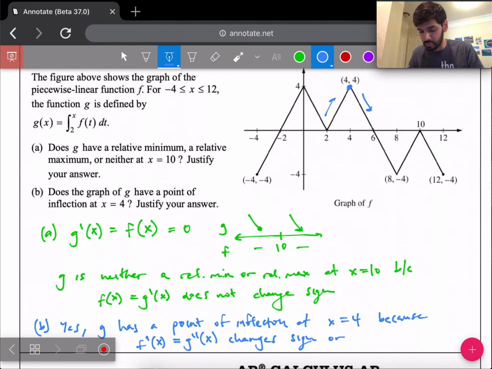Or you could also just put f changes from increasing to decreasing.